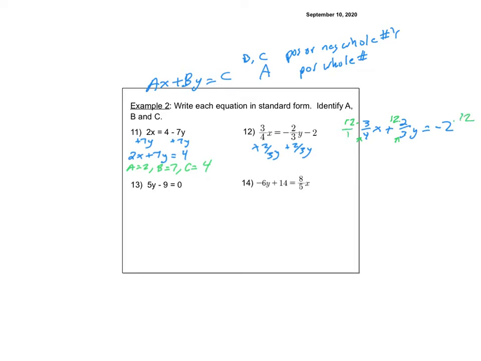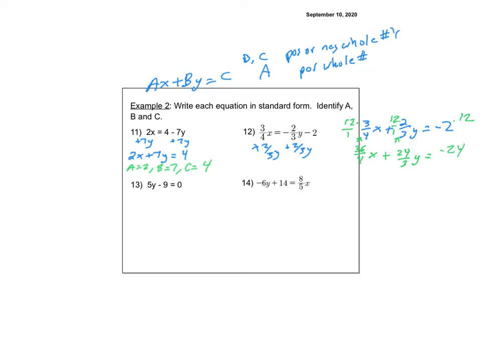For the ones with fractions, you might want to put them over 1. So 12 times 3 is 36 over 4x, plus 12 times 2 is 24 over 3y, equals -2 times 12, which is -24.